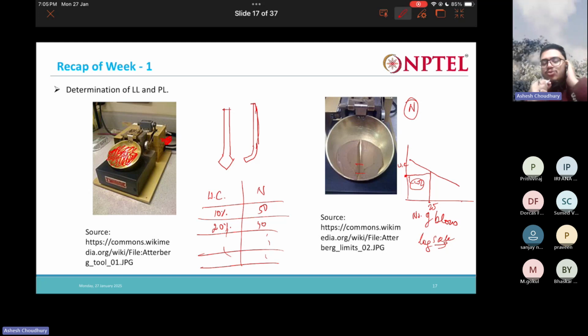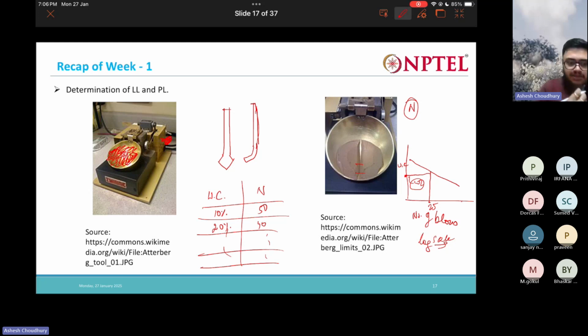And for the plastic limit, you take some soil mass in your hand, a little bit of soil, and then you roll it. While rolling the thread that you are making, when the thread just starts to crumble, that water content you need to measure.